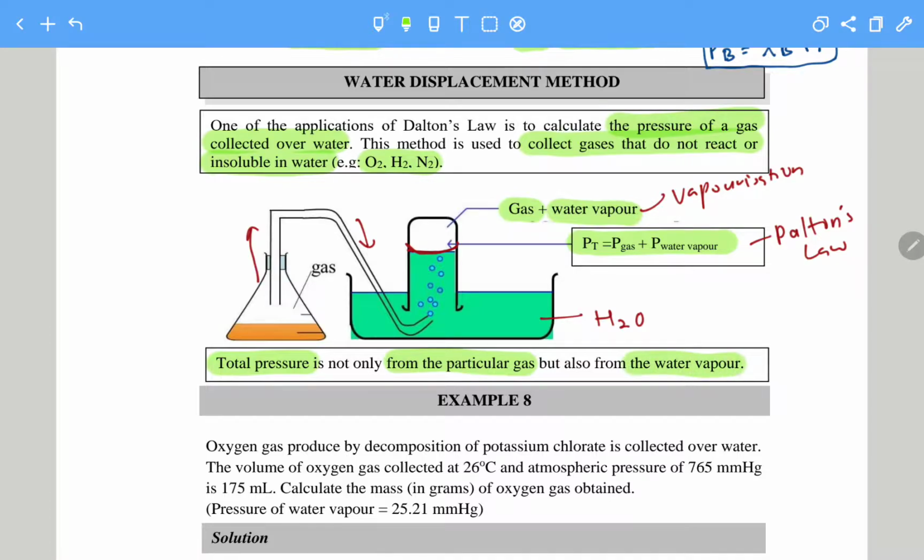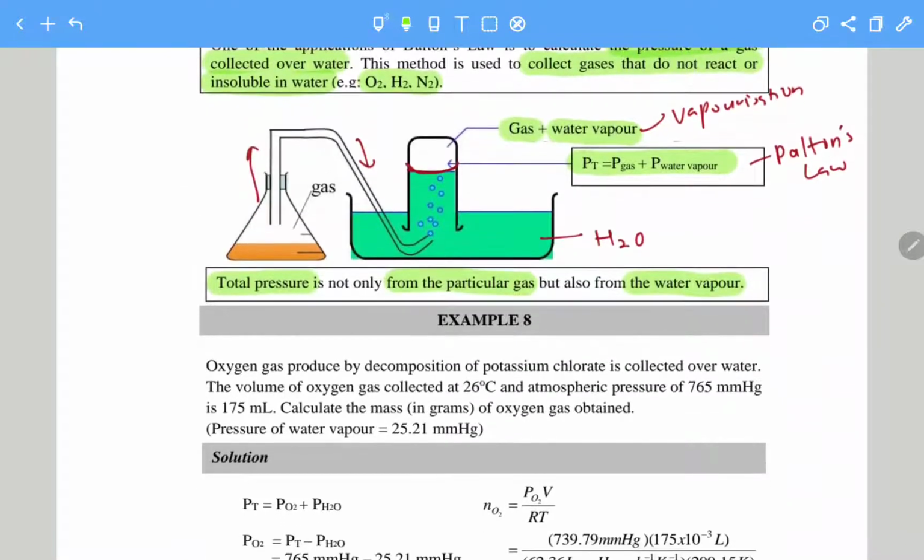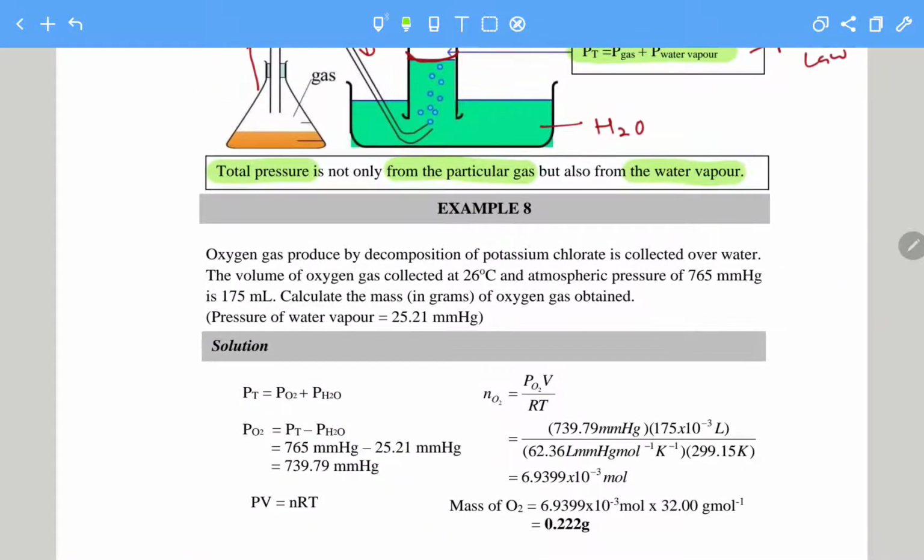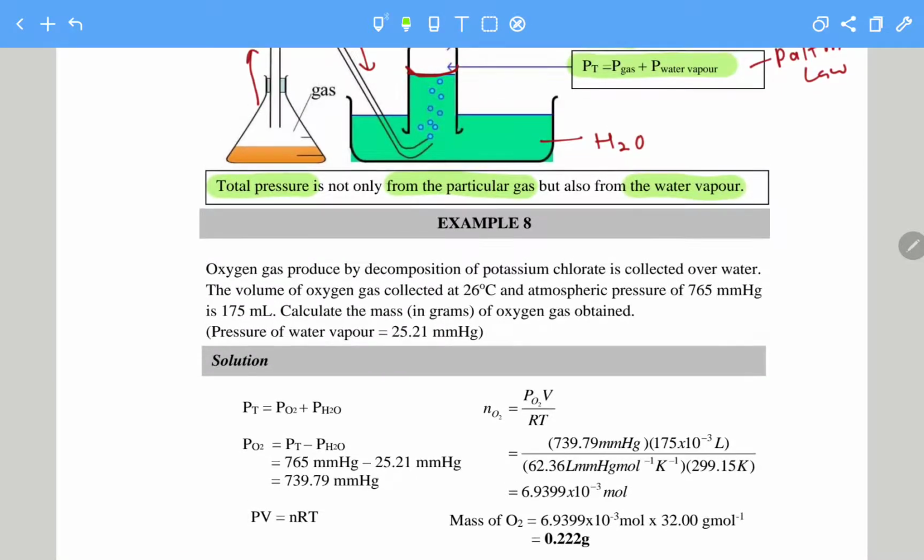To further understand this method, jom kita try example 8. So in the example 8, the chemical reaction inside the conical flask produces oxygen gas. So the oxygen gas is produced by the decomposition of potassium chlorate, KClO3, eventually dia akan produce oxygen gas.